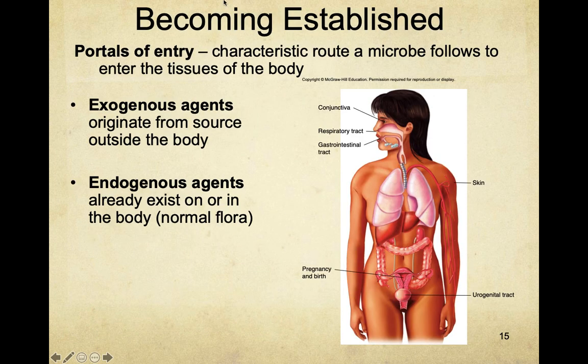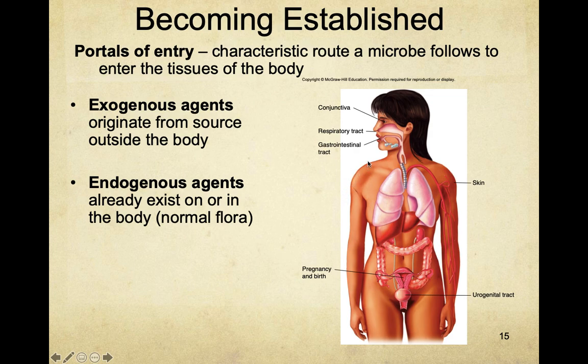So let's talk about becoming established inside of an organism. Once you get there, that's the very first step to starting an infection, getting inside the organism, your host. Like I mentioned already, you can have an exogenous agent or an endogenous agent. Endogenous we talked about. These are going to be normal flora. These guys can cause a urinary tract infection if you don't wipe properly, or if you have a staph infection on your skin, you cut yourself and they can get inside your skin.